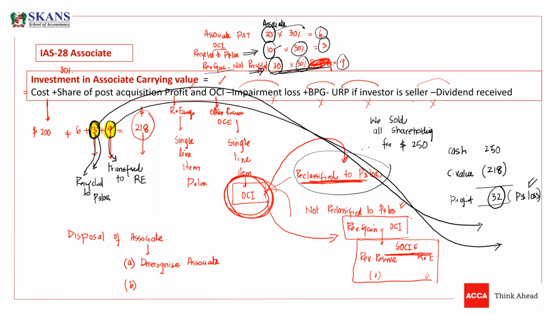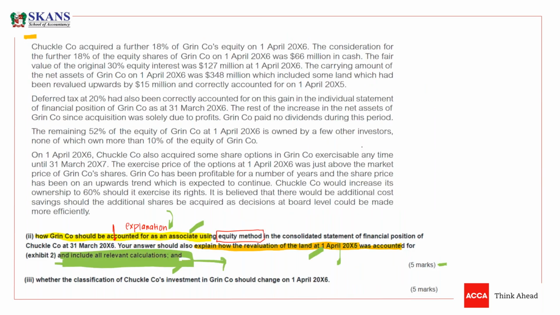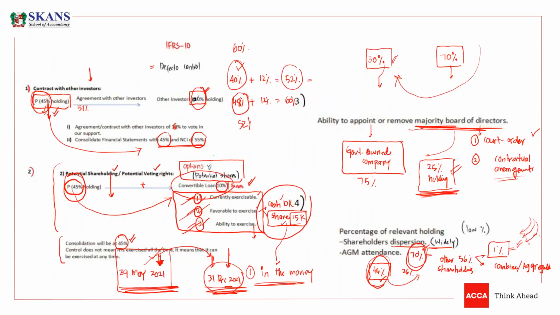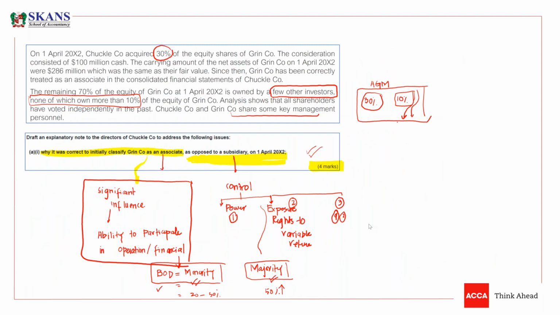Okay, guys. Now, let's go back to the question and just calculate. You need to explain these things, guys. And now just calculate investment in associate. So guys, what is the cost of this investment? We have already calculated cost, 100 million.